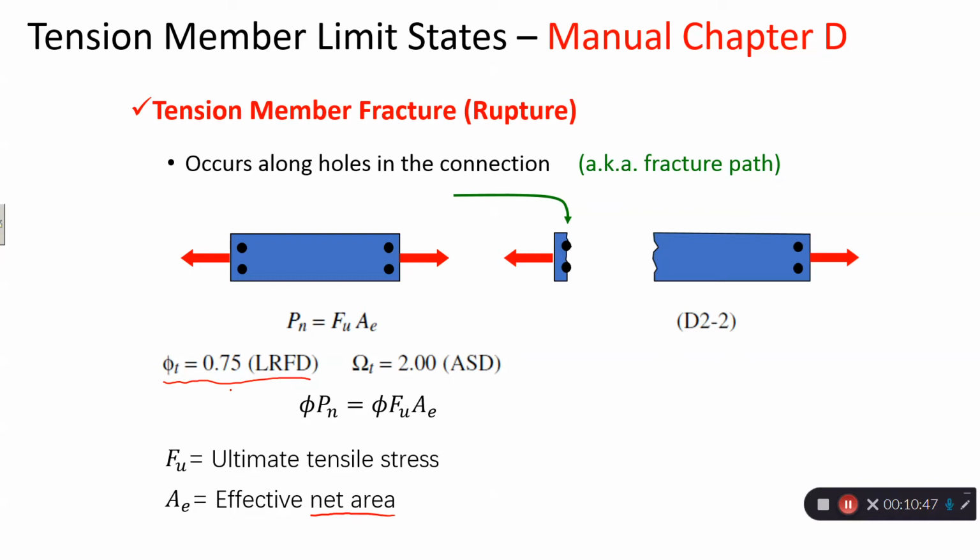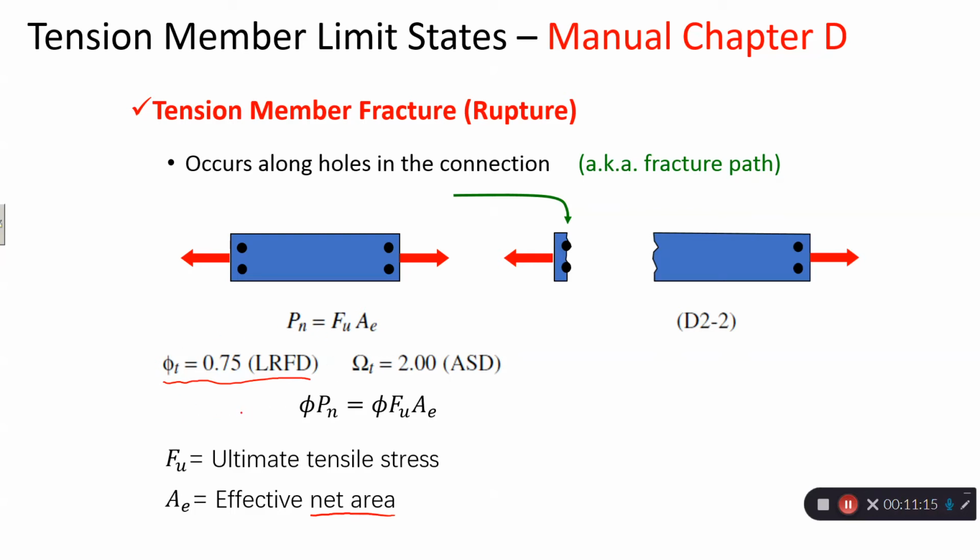And most importantly, usually fracture occurs without any warnings. It's a sudden failure, a sudden fracture. So it's more critical than yielding, and we have less confidence in fracture failure than yielding failure. So that's why we have to apply a lower resistance factor.